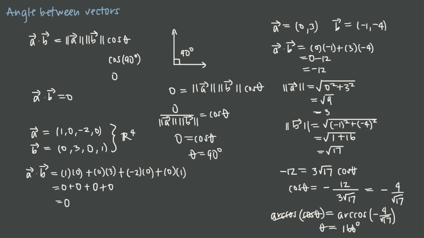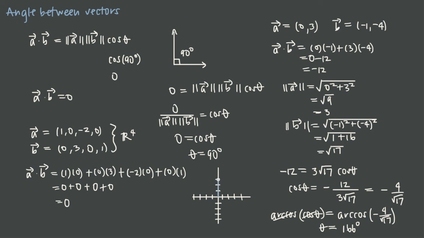And this should make sense to us. We can get a quick check here, because if we just sketched these two vectors on a quick set of axes, so let's say we have 1, 2, 3, 4, we have 1, 2, 3, 4, and 1, 2, 3, 4, something like this. So if we sketch the vector <0, 3>, we're going to get something like this.